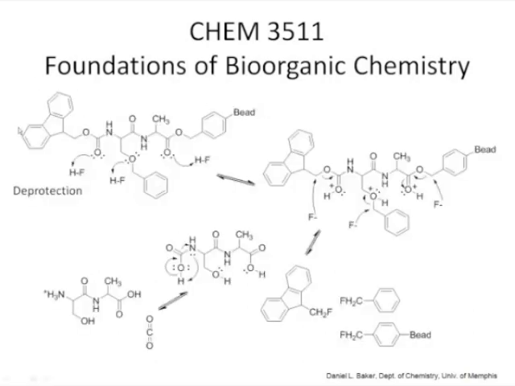So when we have our peptide, and again I've just shown this dipeptide here, so here's our alanine, which is our C-terminal residue, and our serine, which is in this case our amino terminal residue. If we add hydrofluoric acid, then we can deprotect the FMOC, we can deprotect the side chain protecting groups, and we can cleave off the bead all at the same time.